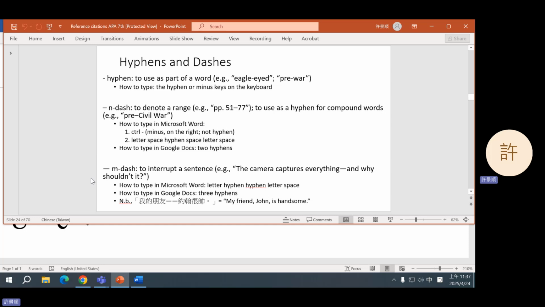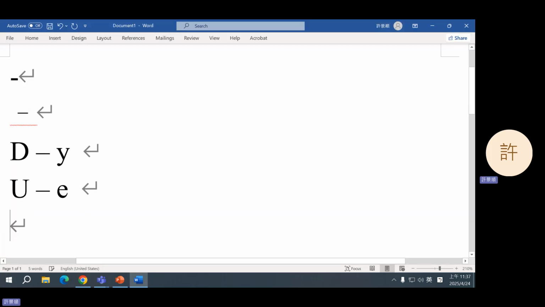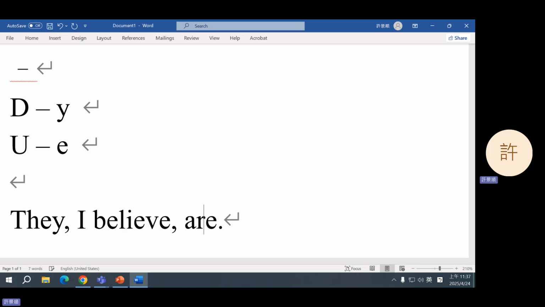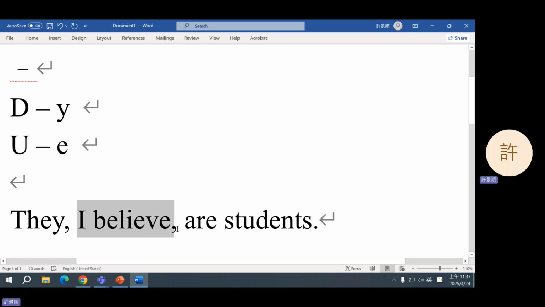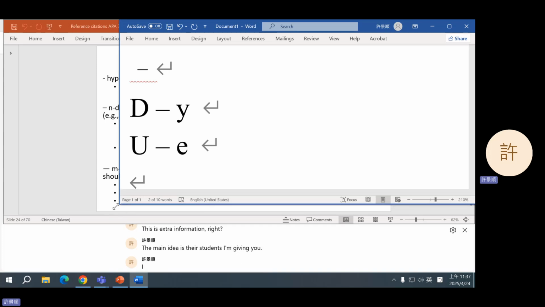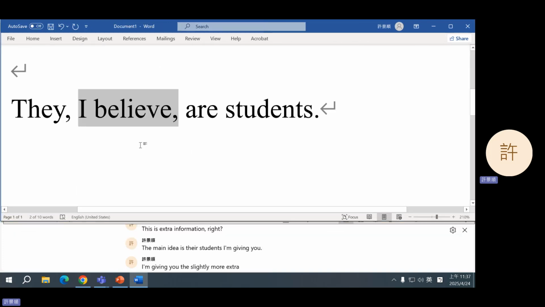Okay, I think I need to give you a real sentence. In this sentence, this is extra information, right? The main idea is their students. I'm giving you the slightly more extra information that this is what I believe.